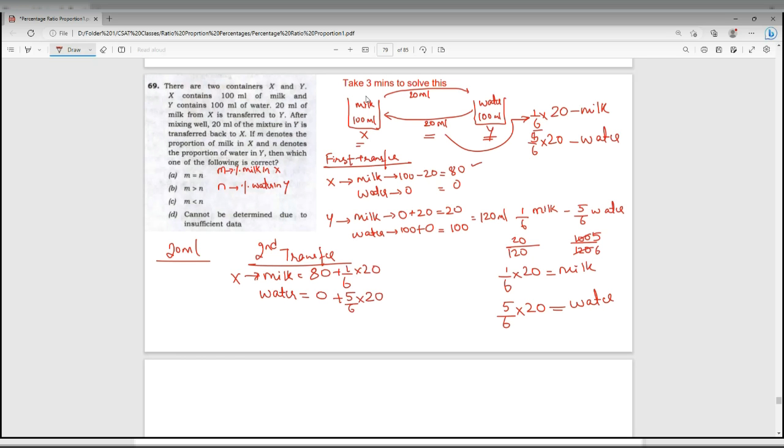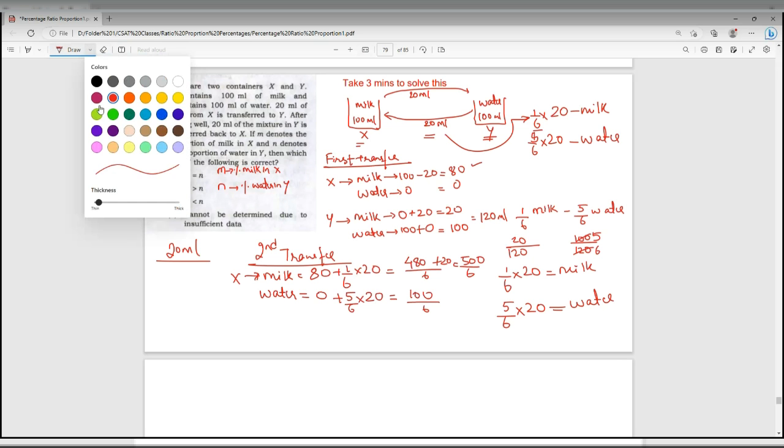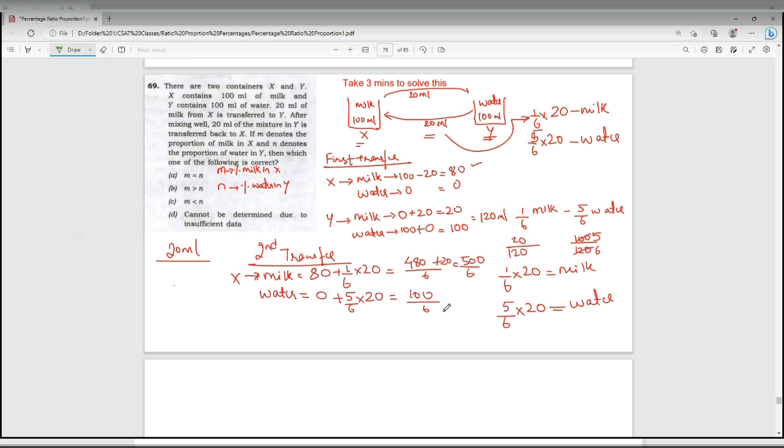If we take the denominator 6 as the LCM, 6 eights are 48, so 480 plus 20, this is 500/6 ml of milk. And in this case, 100/6 ml is water. I hope you understood this. So in X, the milk is 500/6 and the water content is 100/6 ml.